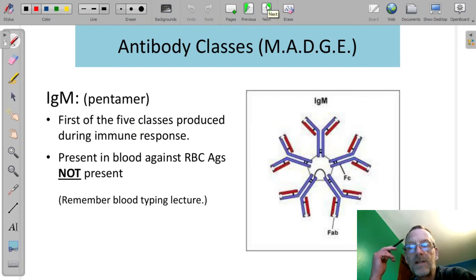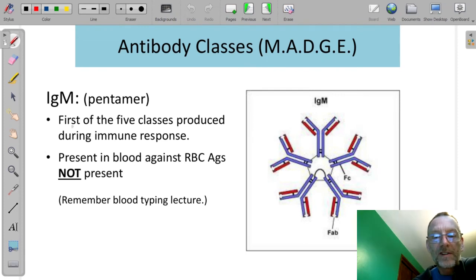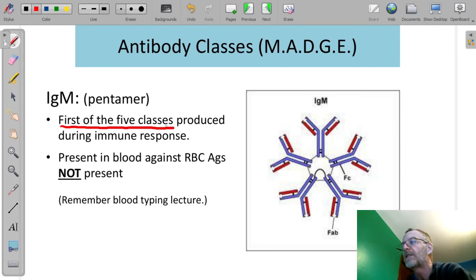IgM is the pentamer. And this was the first of the 5 classes. This isn't terribly important, but if you go back to those images that we saw in the last lecture for the primary and secondary immune response, the first bump is IgM. I think that's shown on one of those figures. Not a big deal.